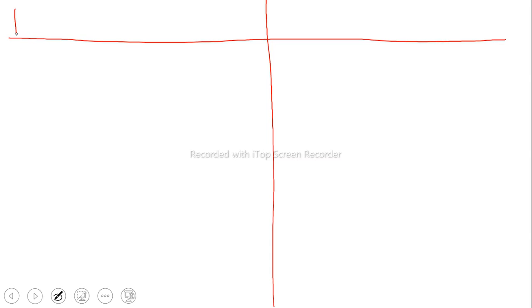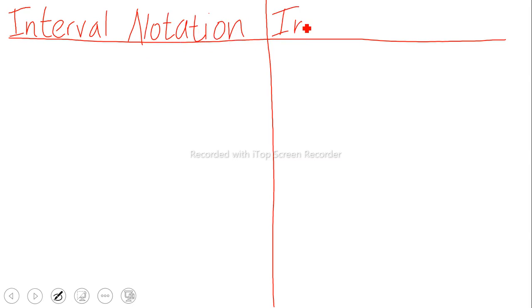Please take good notes. Don't just watch idly, take good notes and send them to me once you're done. So, interval notation and inequality notation.